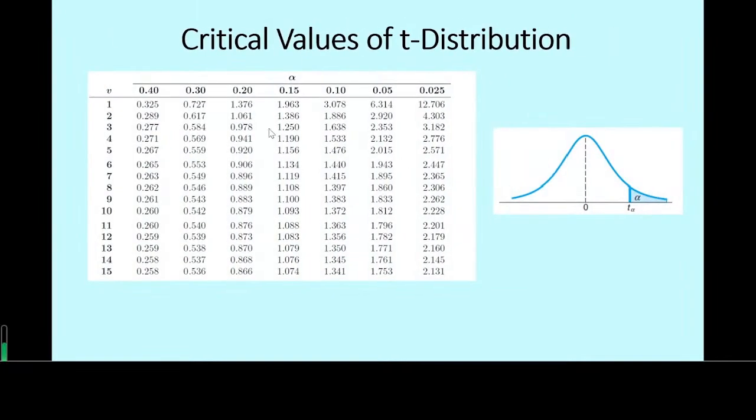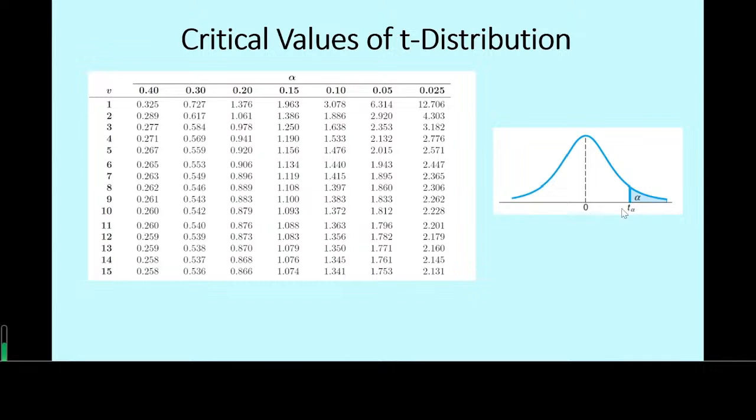Now this table is called the t-distribution critical values table. This, for example, is the t alpha here. So we usually use t alpha as the critical value for the test of a population mean.